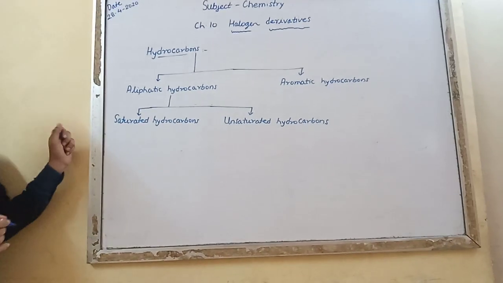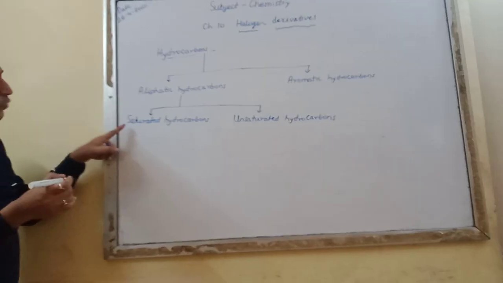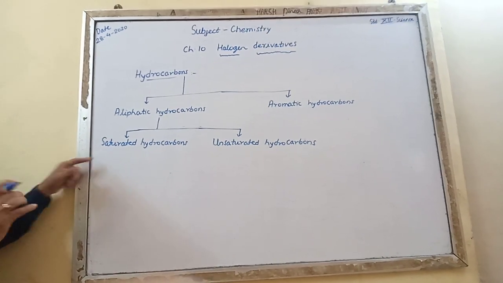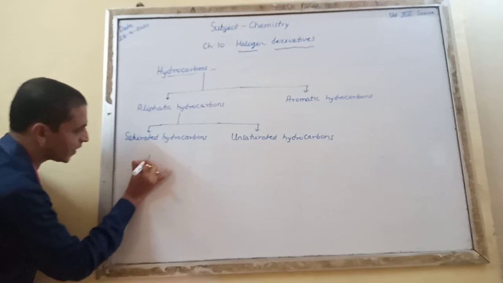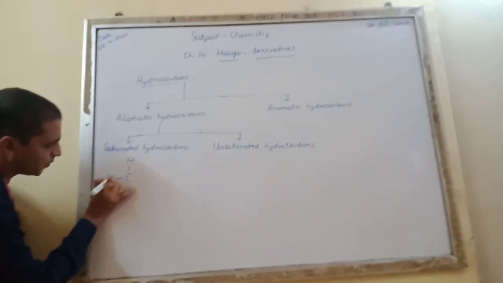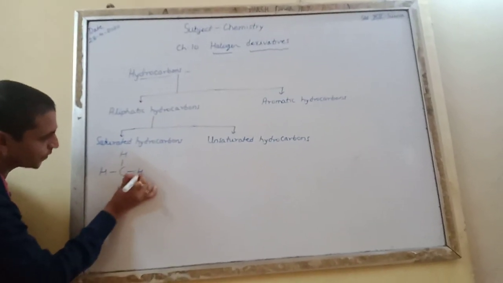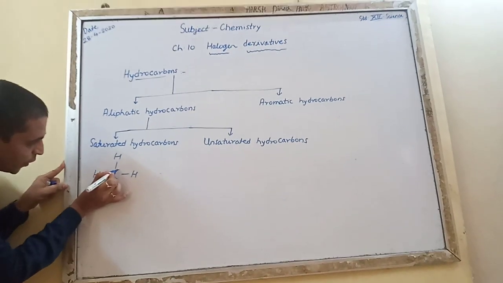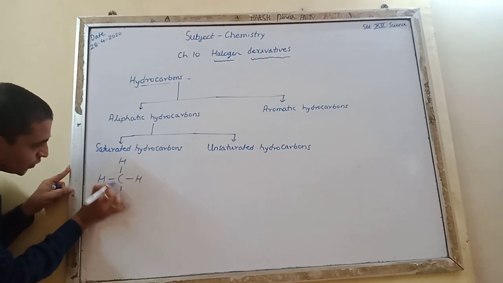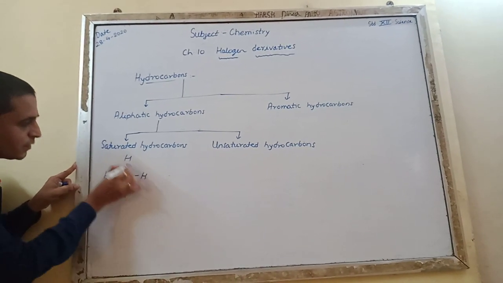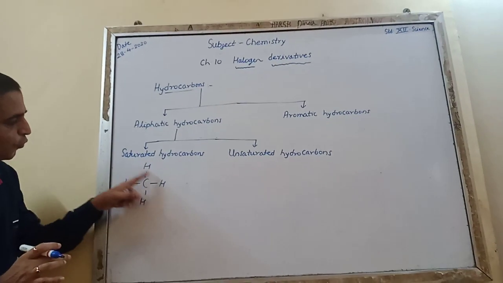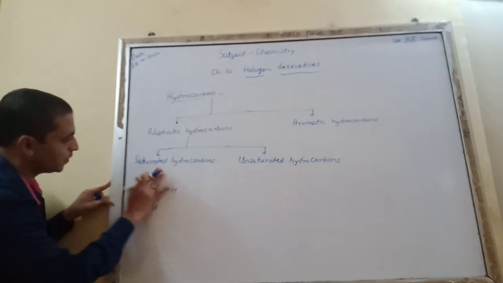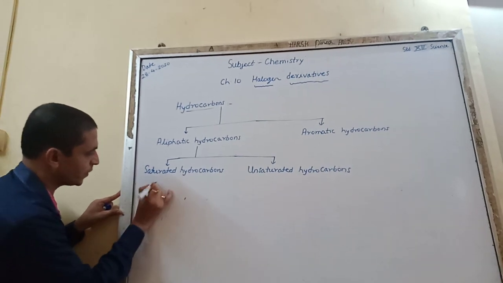Now come to saturated hydrocarbons. Saturated hydrocarbons are those hydrocarbons in which all the four valencies of carbon atoms are fully satisfied by single covalent bond. They are called as what? Saturated hydrocarbons. See here, carbon has four valencies, 1, 2, 3, 4. All the four valencies are satisfied by four single covalent bonds. So they are called as what? Saturated hydrocarbons. Here example is alkane.